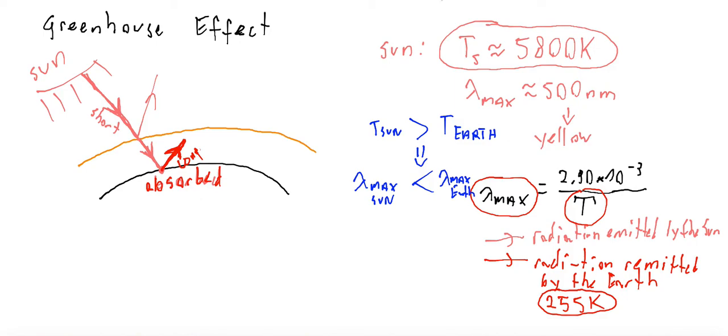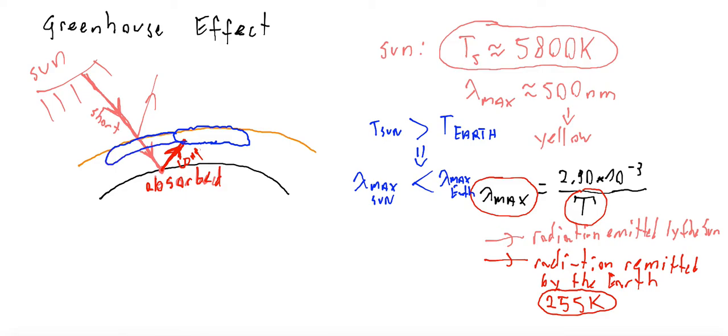And what happens now? In the atmosphere, we have a group of particles called greenhouse gases. It's nothing special. In general, a greenhouse gas is a molecule which is able to absorb long radiation which travels from the Earth and is not able to absorb radiation which travels from the Sun.